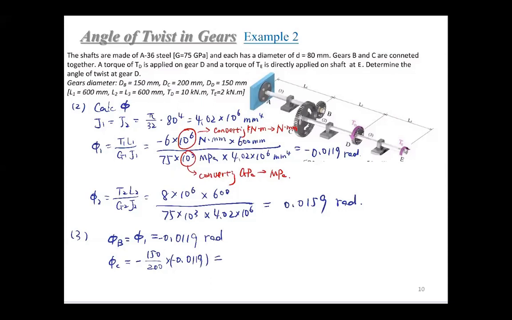Then the result will be positive 0.0089 radian. And the last step will be phi d equals phi c plus phi 2, which is 0.0089 plus 0.0159, giving 0.0248 radian.